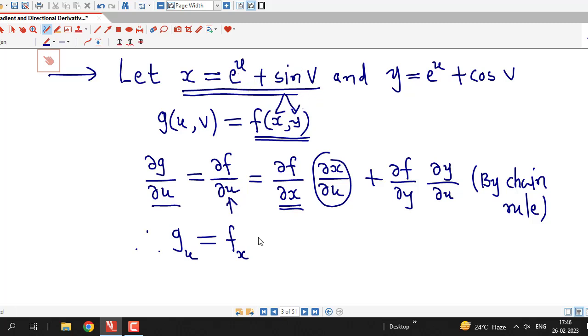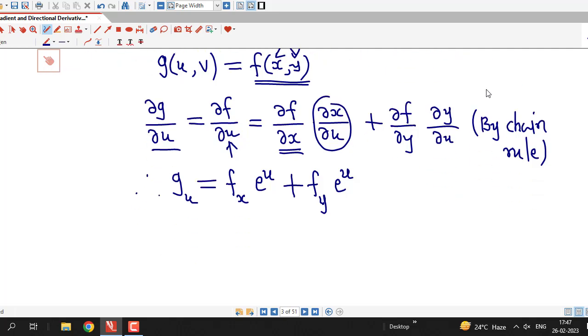So the derivative of e raised to u with respect to u is e raised to u, and because v is constant, sin v is also constant, so its derivative with respect to u is 0. Similarly, del f by del y can be written as f suffix y times del y by del u, that is, the derivative of e raised to u plus cos v with respect to u is e raised to u plus 0, because we consider v as constant when we differentiate with respect to u.